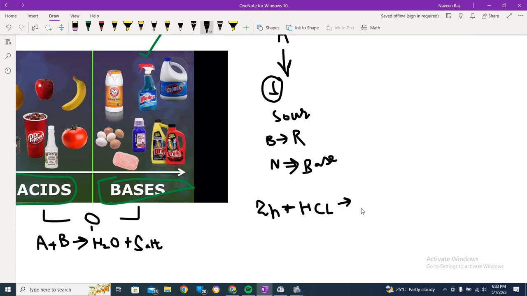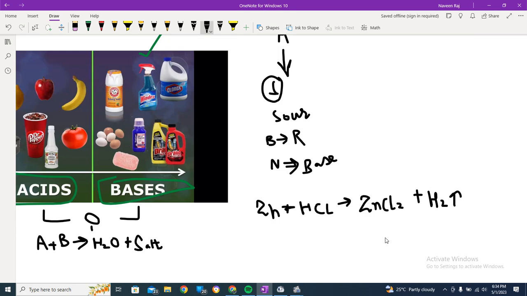The product is zinc chloride, and along with that, H2 gas is liberated. This is a sign that the substance is an acid whenever it reacts with an active metal.